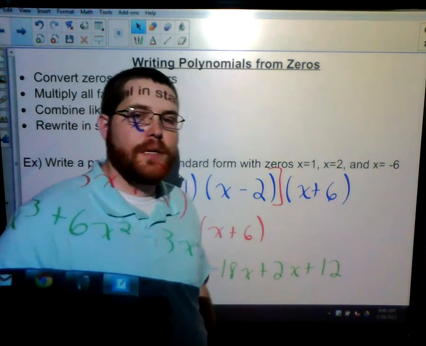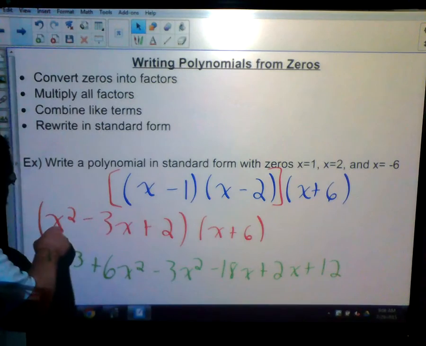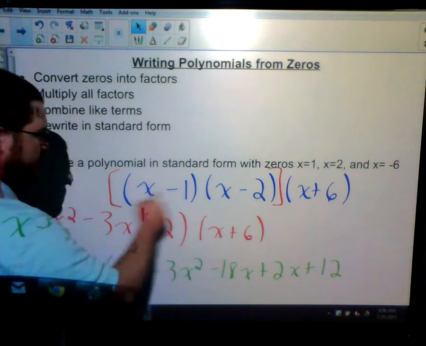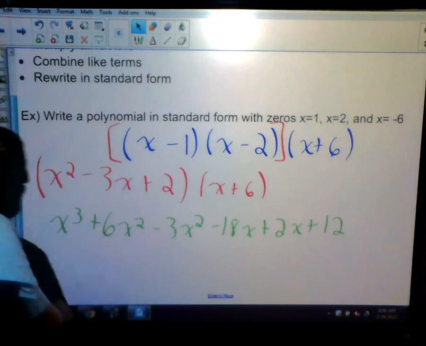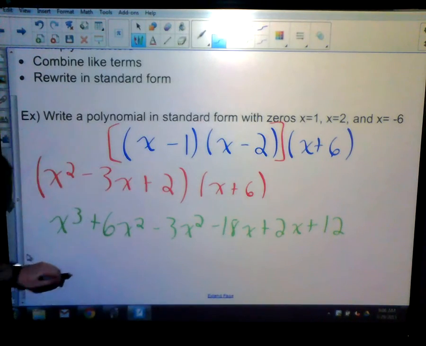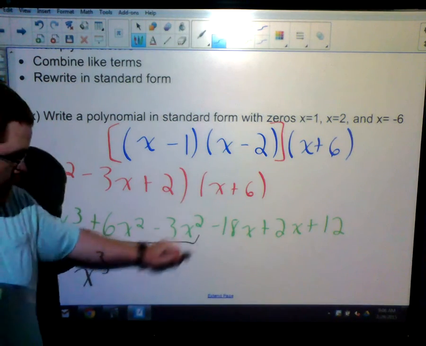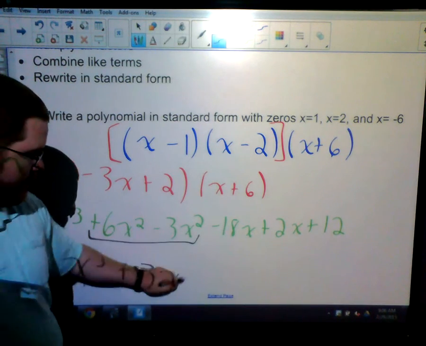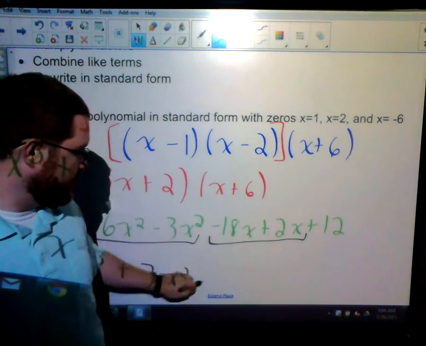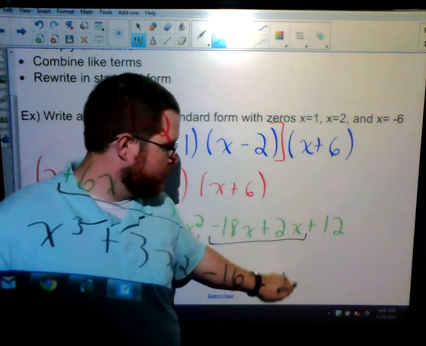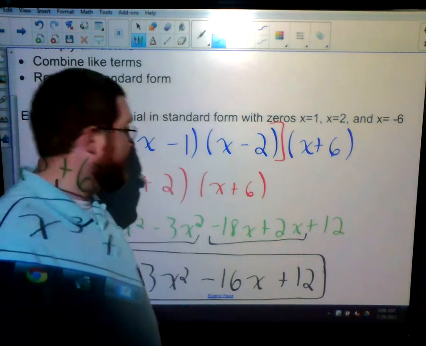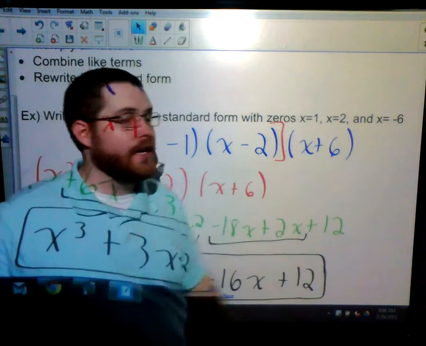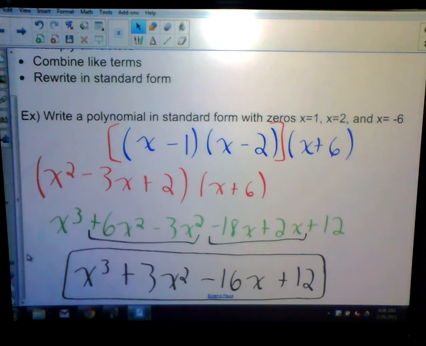Notice, this is a trick that took me a long time to figure out, but I distribute into both of the little ones as I go. Why do I do that? Because now my like terms are grouped. X cubed plus 3x squared minus 16x plus 12. And that is my polynomial that has zeros of 1, 2, and negative 6. So that one's not too bad.